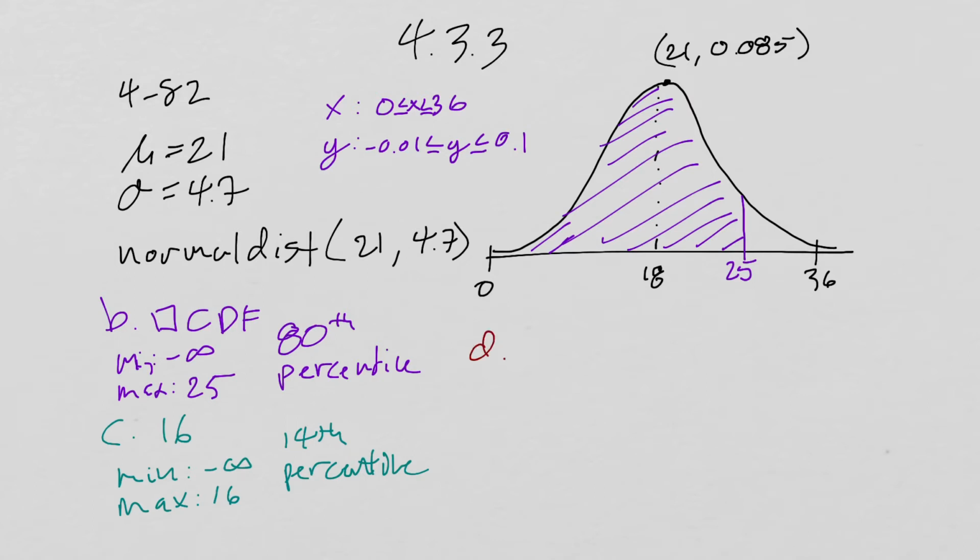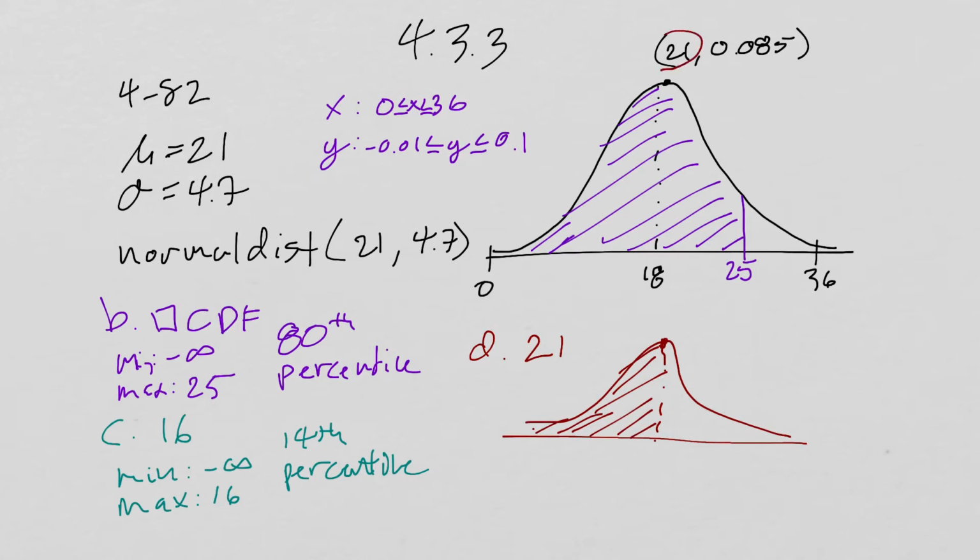Lastly, part D, it says Antoinette scores a 21 on the ACT. Without a calculator, make a sketch of the scores below Antoinette's on a normal distribution and indicate what percentile Antoinette's score falls in. So if we have a normal distribution, we already know our mean is 21, right? So if we go straight down from there, all these values to the left are below Antoinette's.